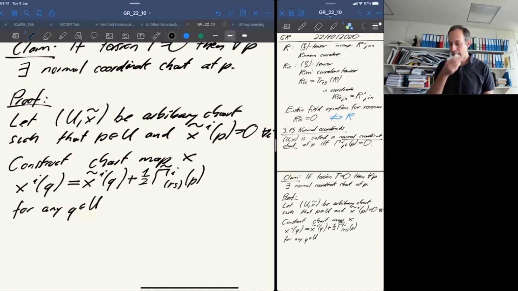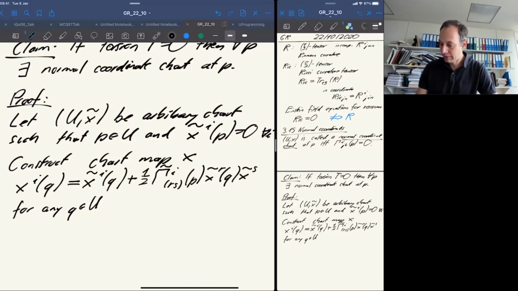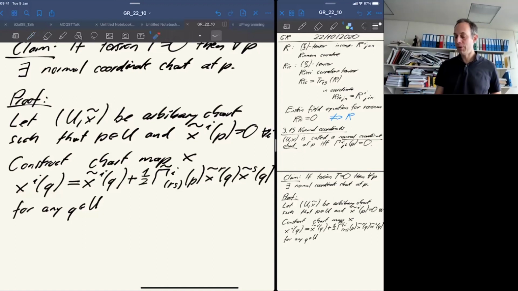I just write them down here and multiply them with the coordinate in the R direction of the point I'm interested in and the coordinate in the S direction. So this is just a recipe. How do you determine the coordinate of a particular point? Take the point in the tilde coordinates and multiply the coordinates with the gamma symbols exactly in the way it's stated here.